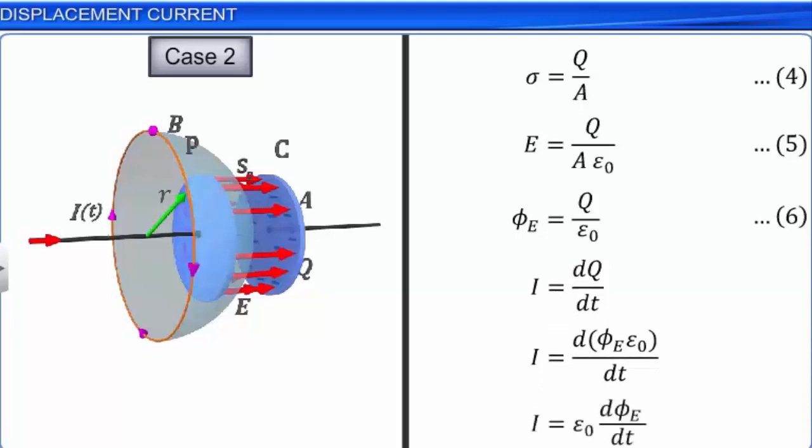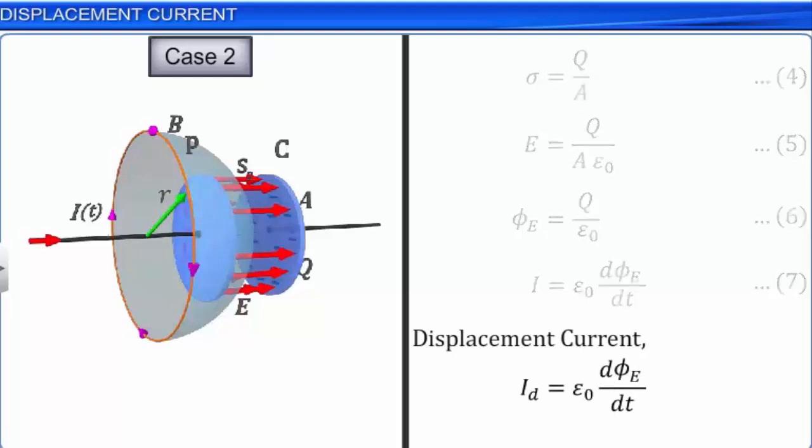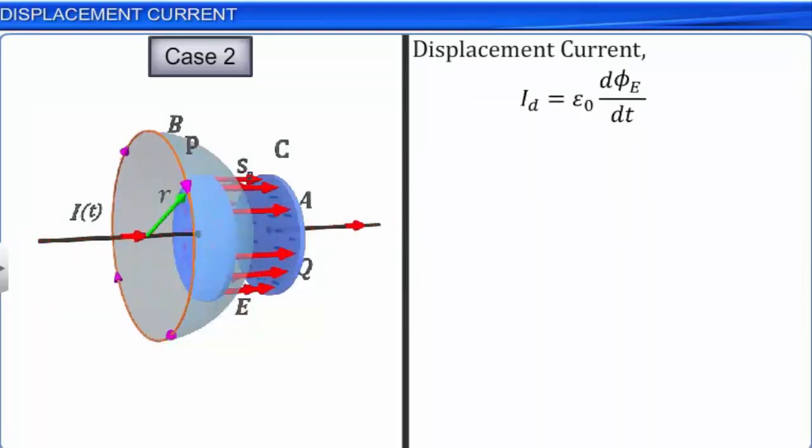This is the missing term in Ampere's law, which is the current due to the changing electric field between the plates of the capacitor. This current is called displacement current, denoted as ID. Hence, Maxwell's generalization of Ampere's law is that the sources of magnetic field are both the current in the conductor due to the flow of charges, called conduction current denoted by IC, and the displacement current due to the changing electric field between the plates of the capacitor.